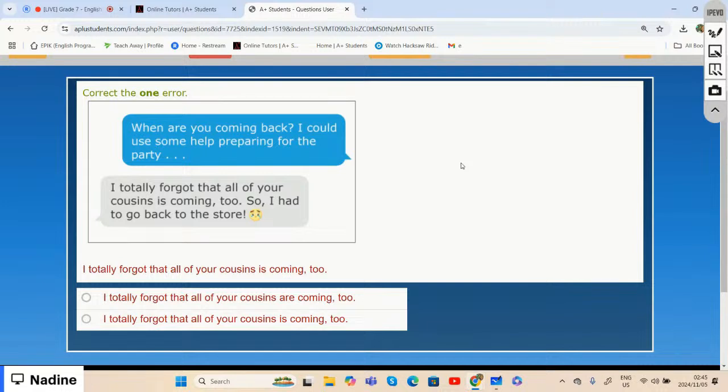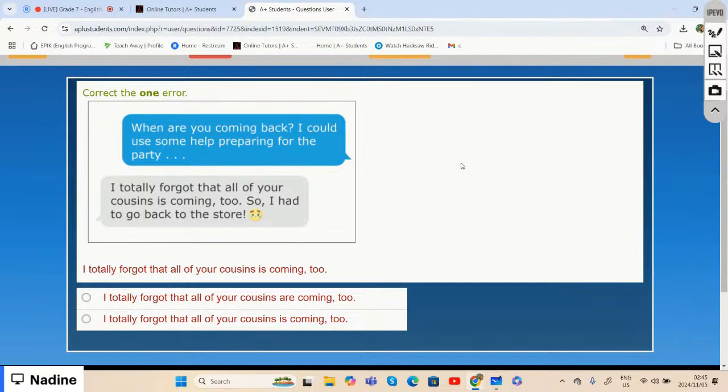So we now need to correct the one error. Is it option one, I totally forgot all your cousins are coming, or option two, I totally forgot your cousin is coming? If we're talking about more than one cousin, like a plural form, then our verb needs to be plural.